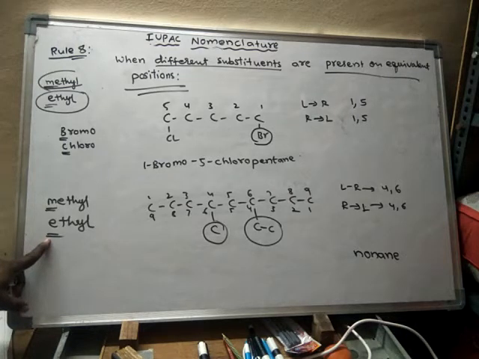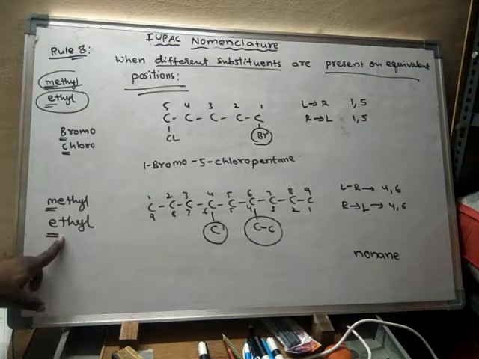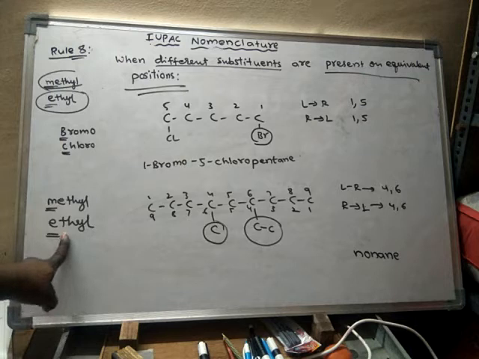So now the ethyl group should get the lowest numbering, that is, the carbon to which the ethyl group is attached should get the lowest number. So in that direction we have to give the numbering.